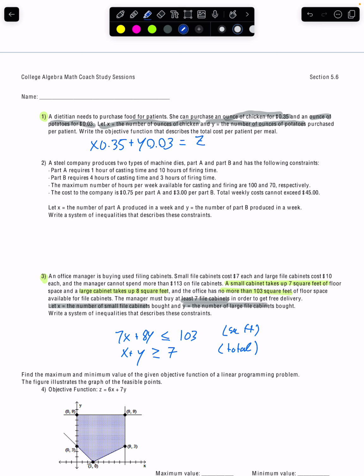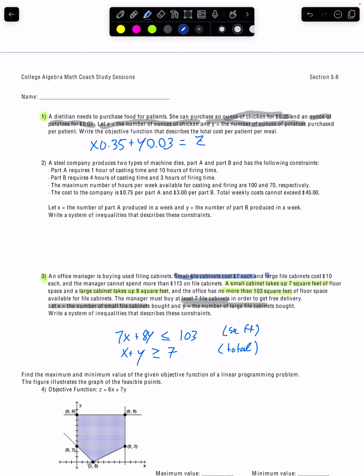Last but not least, the office manager is buying used filing cabinets. Let's see, right here, small file cabinets cost $7 each. Where's my highlighter tripping out? There we go.